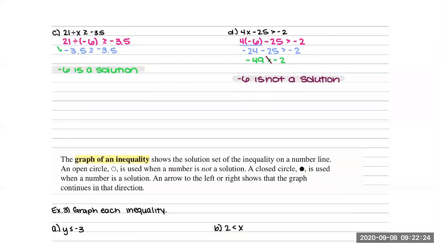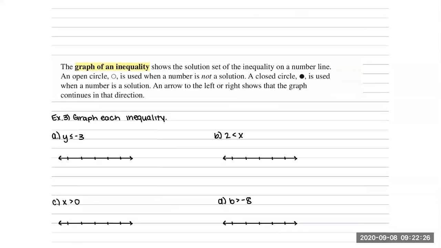So just like I mentioned previously, when you are graphing these inequalities, it depends on your inequality sign on whether or not you're going to have a certain symbol on that number. So what I like to do with all of these is make sure that when I'm looking at my inequality, my variable comes first.